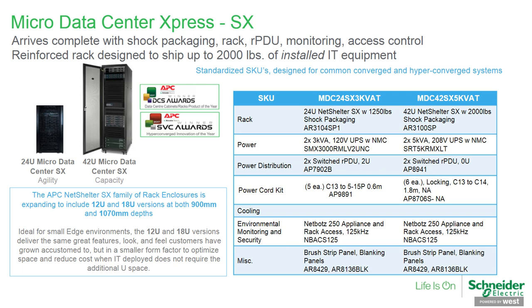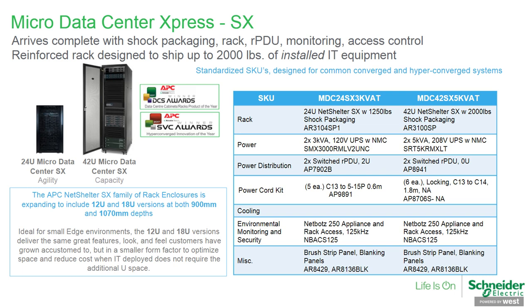These are both our award-winning infrastructures that come complete with the power distribution, cords, cooling, which makes it really easy for the channel to sell. And it can be shipped with up to 2,000 pounds of installed infrastructure. So these were a great solution for edge.